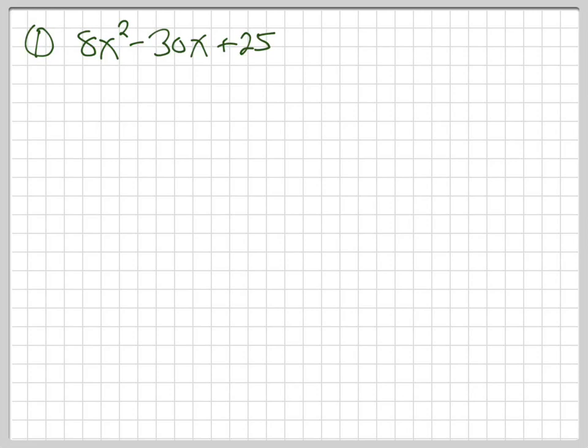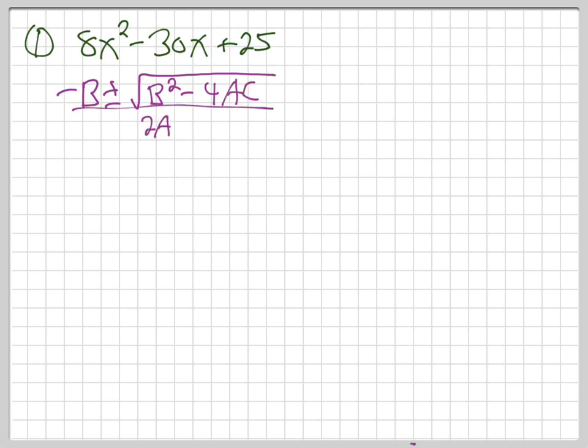All right, so now I'm going to do the quad. Remember the quad, negative b plus or minus square root b squared minus 4ac all over 2a. This is a. This is b here. This is c here.